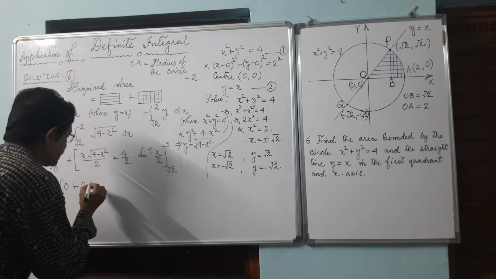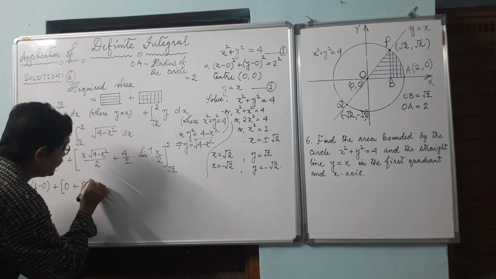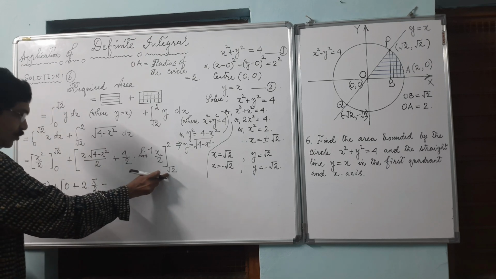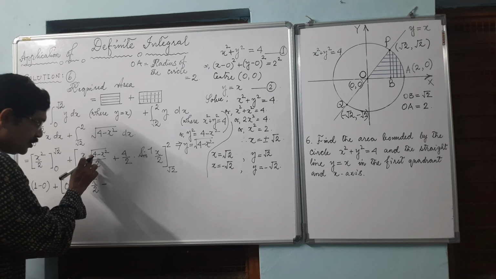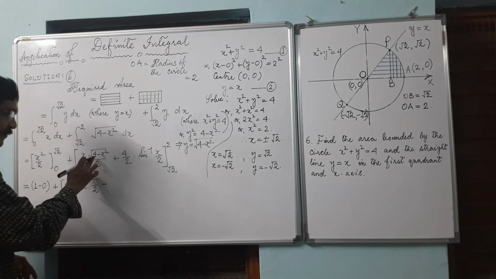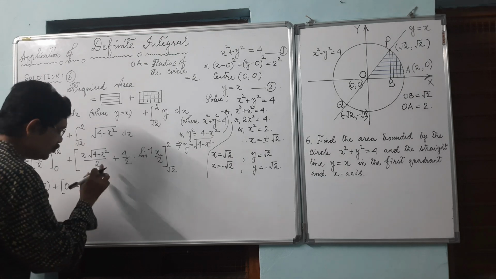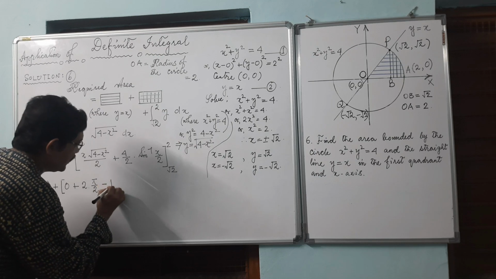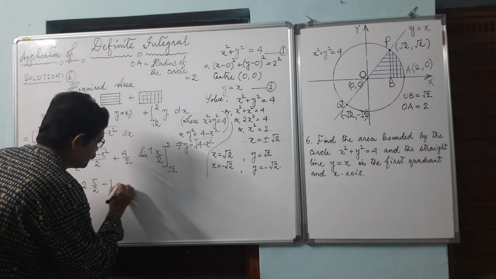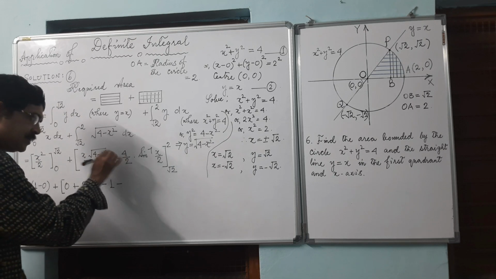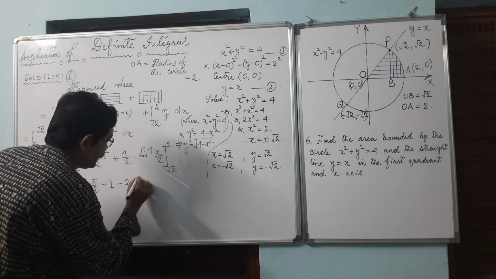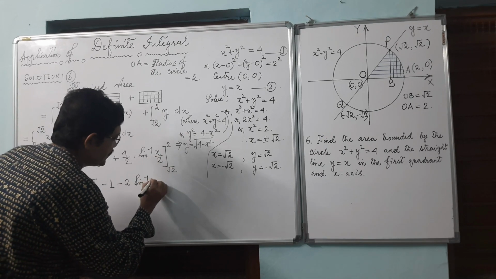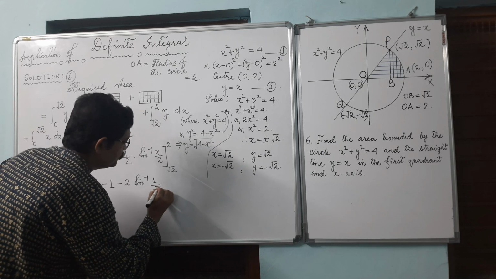So sine inverse 1 is simply pi by 2, minus, substitute the lower limit then: root 2 into the square root of 4 minus root 2 whole square, means 4 minus 2, root 2 into root 2 gives product 2, so 2 by 2 finally gives 1, minus 4 by 2 means simply 2, and the other part is sine inverse root 2 by 2, simply 1 by root 2.